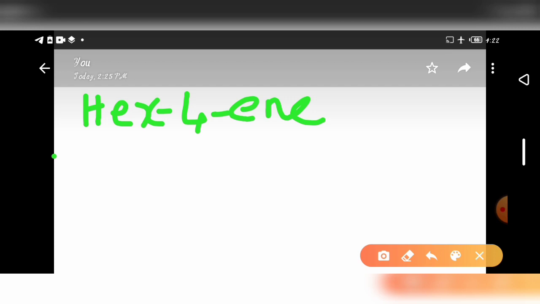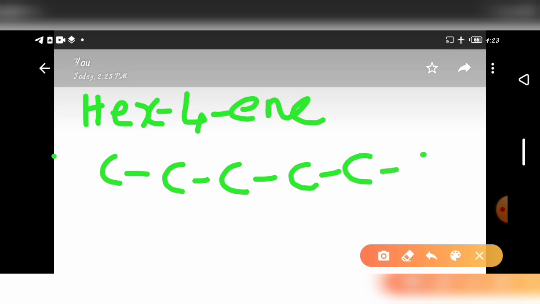First you have to identify what hex means in carbon counting. That is the root word: meth, eth, prop, but, pent, hex. So 6 carbons. First you have to draw the structure with 6 carbons in a single-bond manner. See here, 5 carbon and 6 carbon.